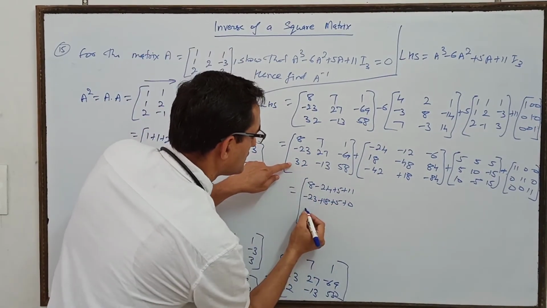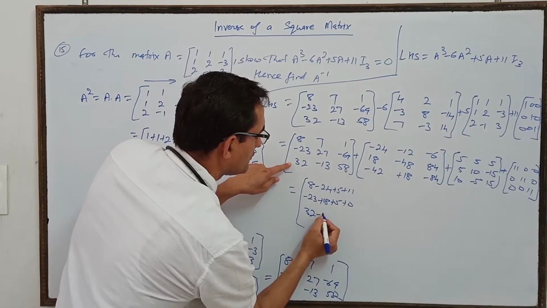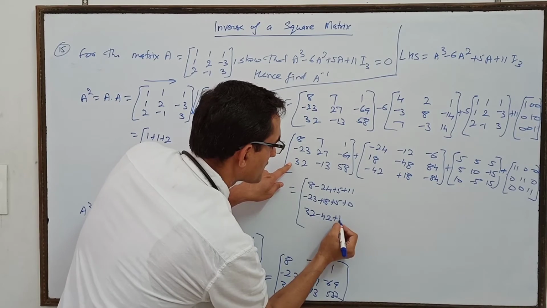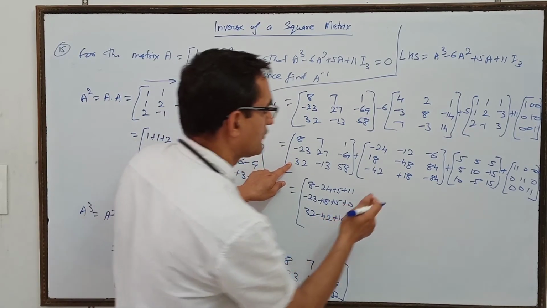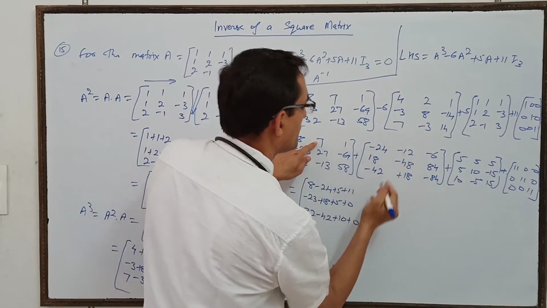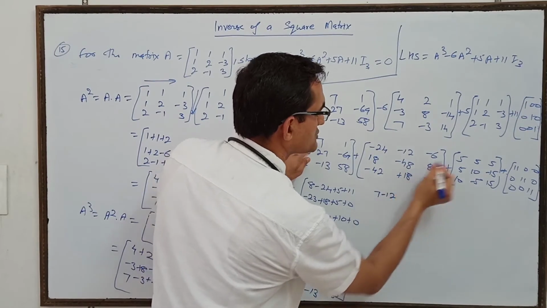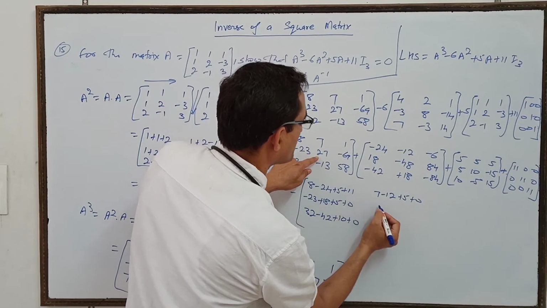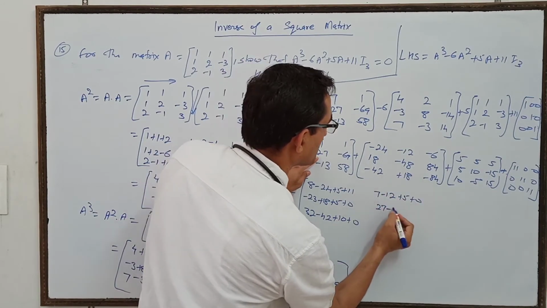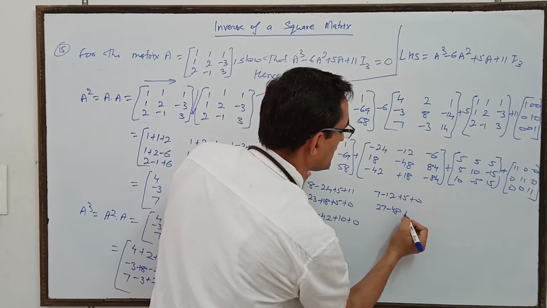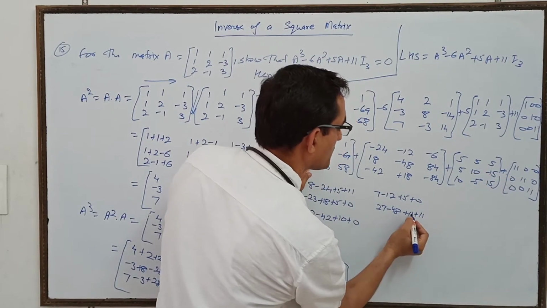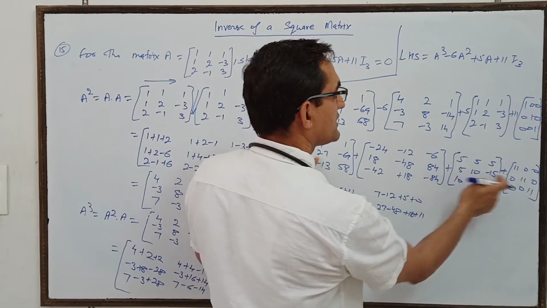Now 32 minus 42 and 10 and 0 plus 10 and plus 0. For this one, so 7 minus 12, minus 12 plus 5 plus 0, and for this one 27 minus 48 plus 10 and plus 11.